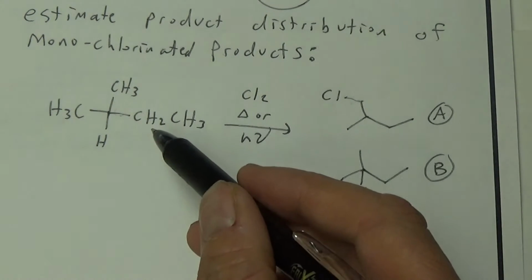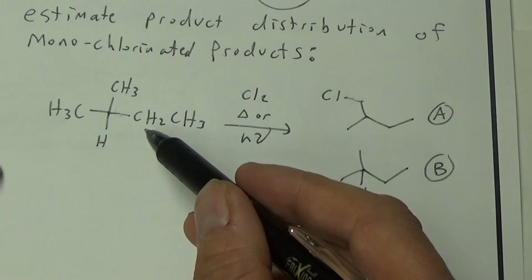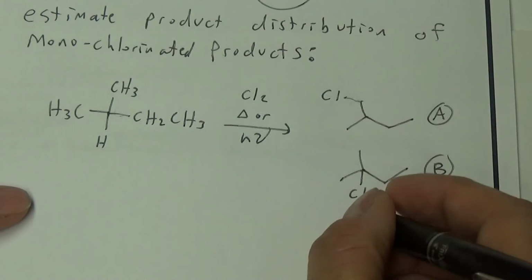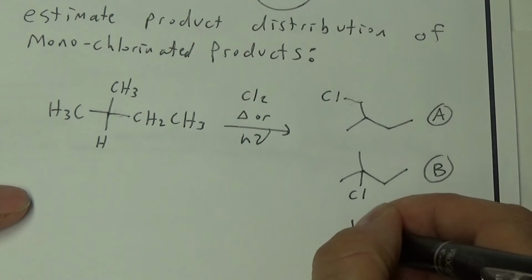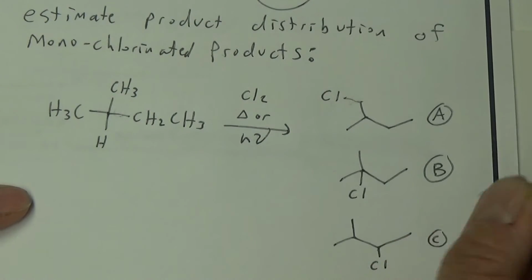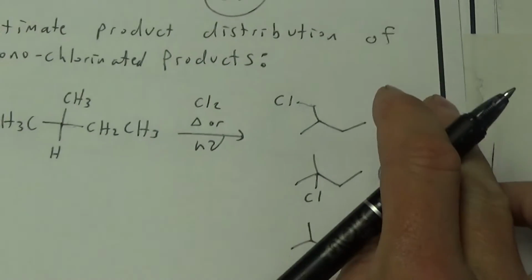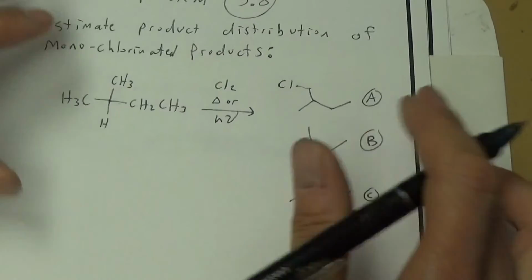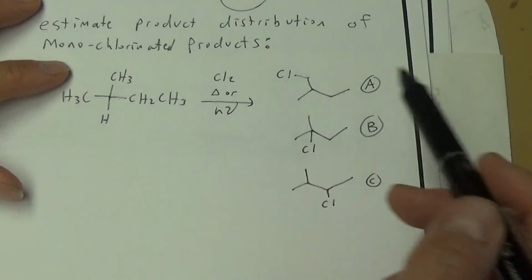Then maybe we could chlorinate the CH2 position, and then what about the end position?